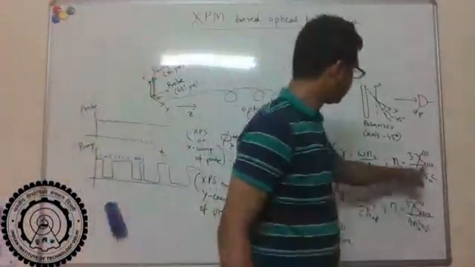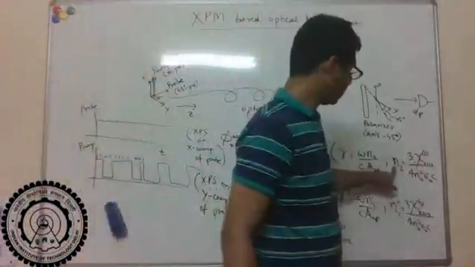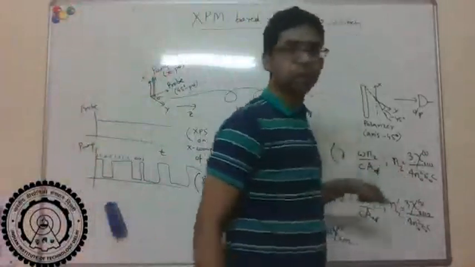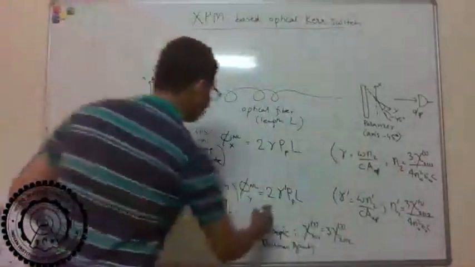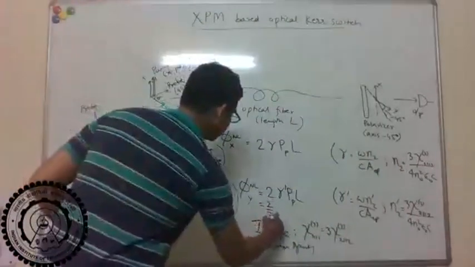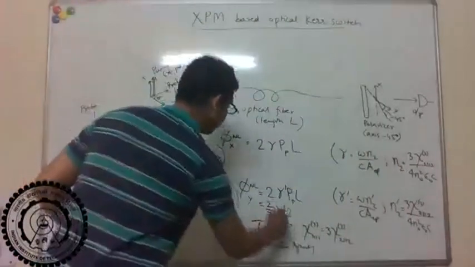So this is 1/3 of this, which means n2 prime is 1/3 of n2 and gamma prime is 1/3 of gamma. So equivalently, I could just write this as 2/3 gamma P L, where gamma is this gamma.